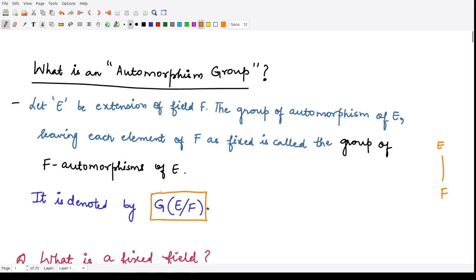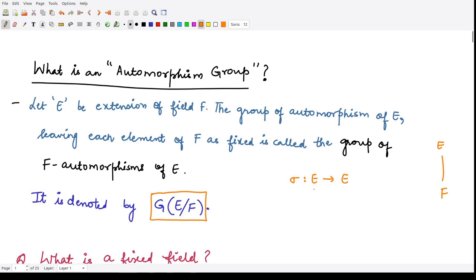We'll understand this in a moment, what exactly this automorphism group is. You can understand it in this way: you have some field, then you have the extension field E for that. Then we are defining some mapping from E to E. Suppose sigma is the mapping from E to E. Now this mapping is an automorphism.